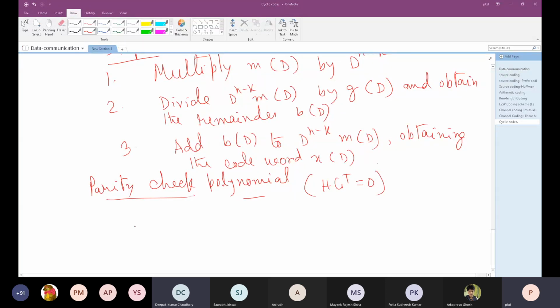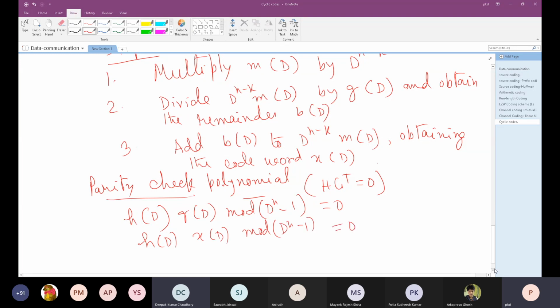Then we have a polynomial H(D), that is H(D) G(D) multiplication modulo D to the power n minus 1 equal to 0. H(D) X(D) modulo D to the power n minus 1 also will be equal to 0.